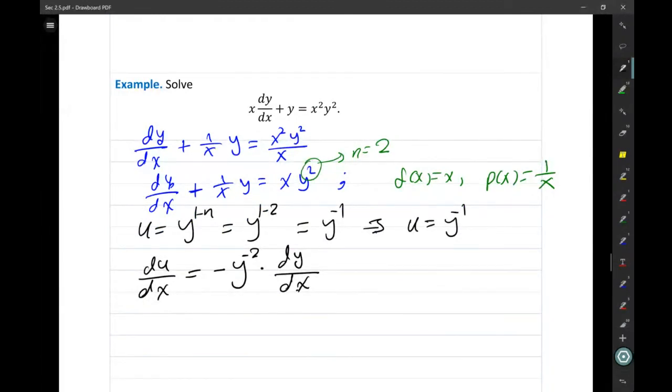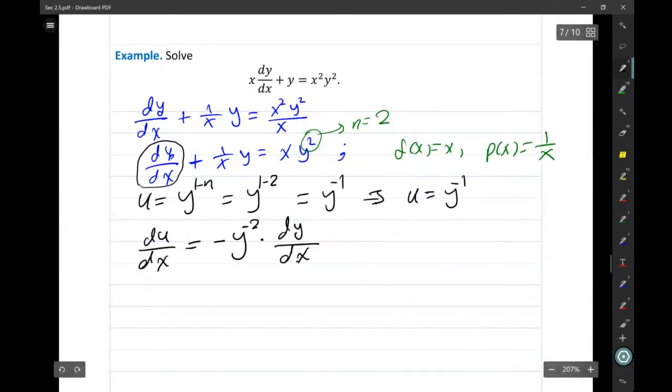Now you need dy by dx here. But before you go to find dy by dx, multiply both sides of your equation by y to the power minus 1.